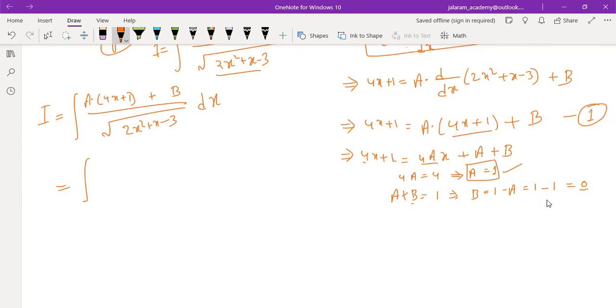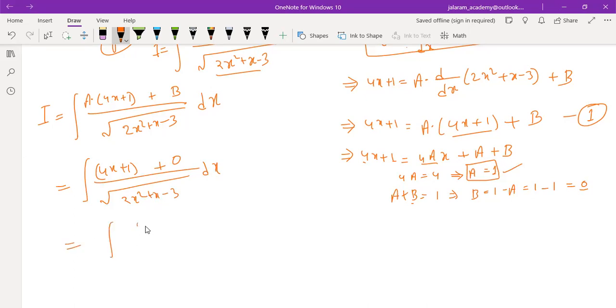If we now use the values, a which is 1, so it is 4x plus 1, and b which is 0, over under root of 2x square plus x minus 3 dx.